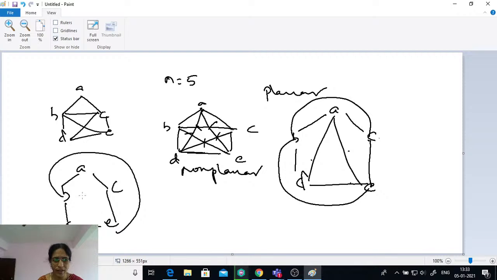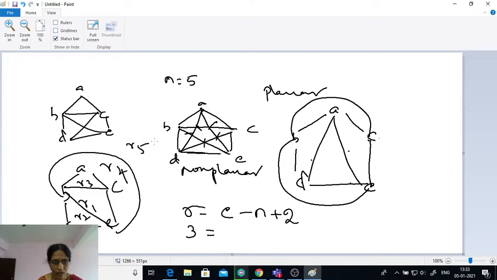In this case, you can check whether it satisfies Euler's formula or not: number of regions equals number of edges minus number of vertices plus 2. Here how many regions are there? This is one region, this is another region, and one exterior region is there. Now this is R1, R2, R3, R4 and R5.